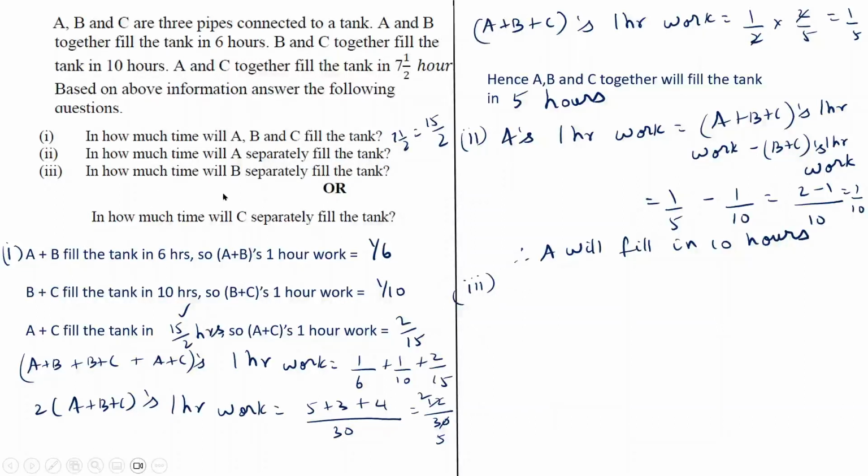Moving on to the third subdivision. In how much time will B separately fill the tank? So B's 1 hour work will be similar to the previous one. It will be A plus B plus C's 1 hour work minus A plus C's 1 hour work.